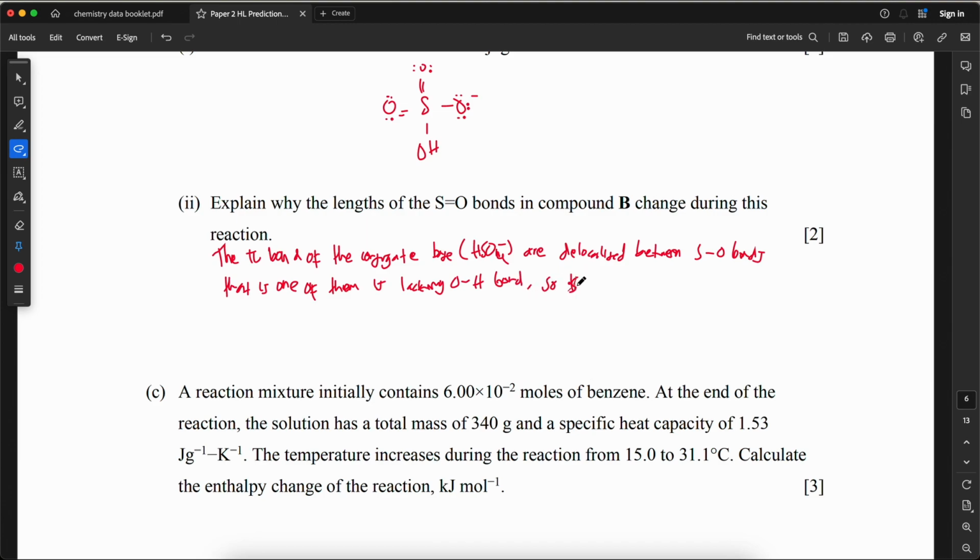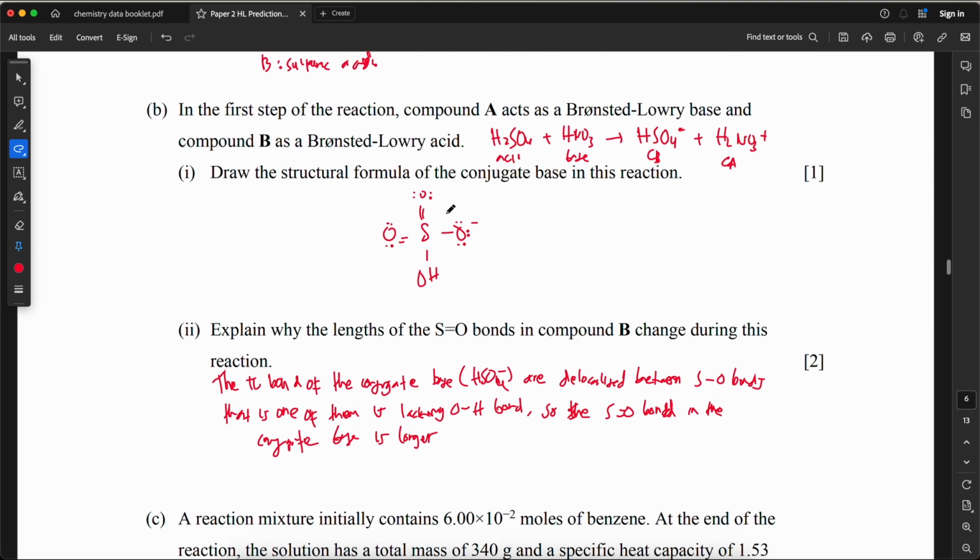So the SO bond in the conjugate base is longer.